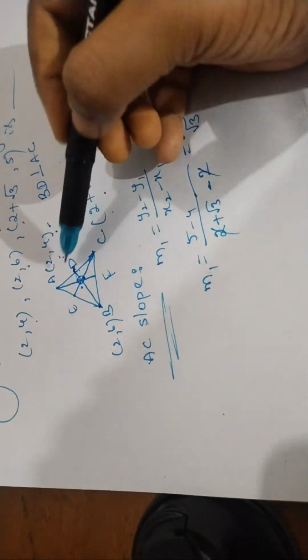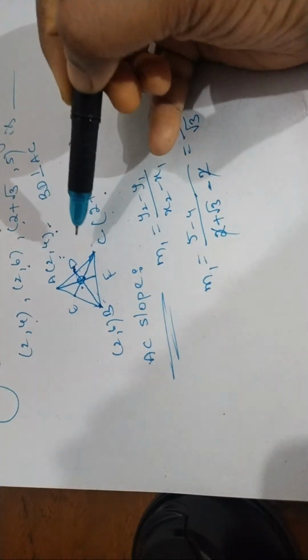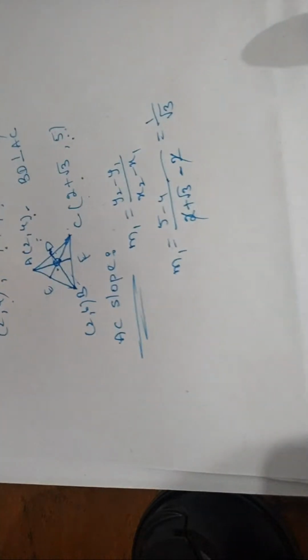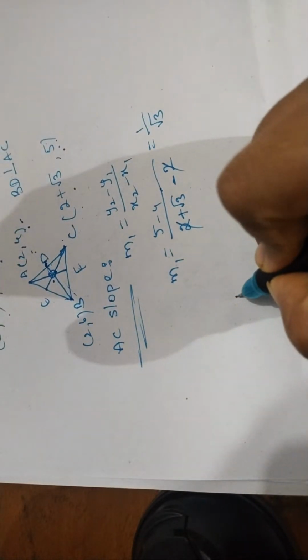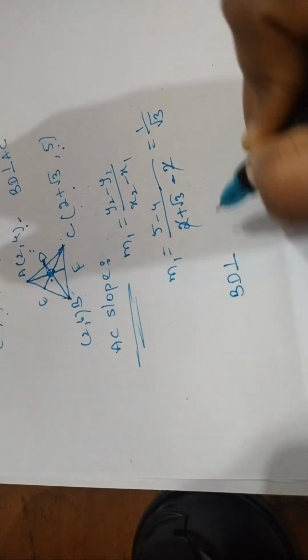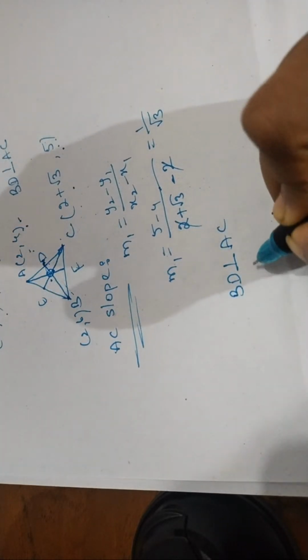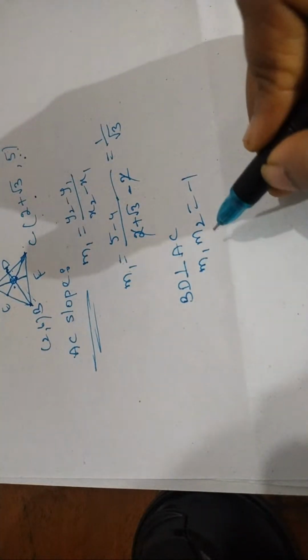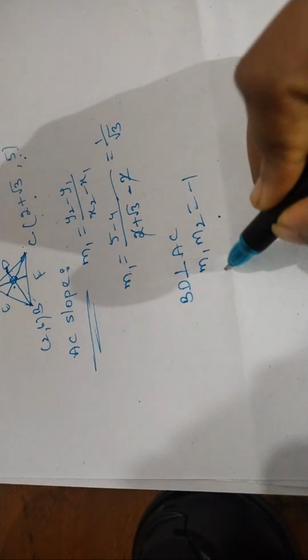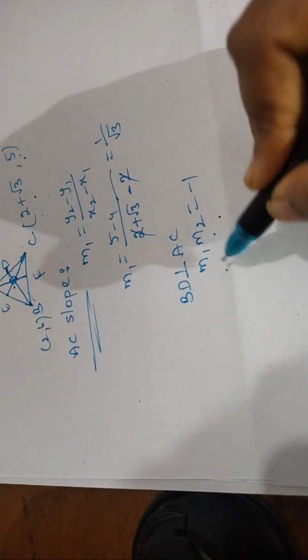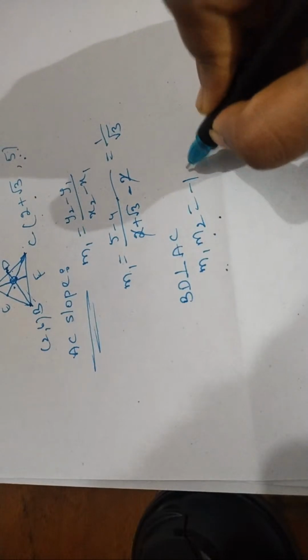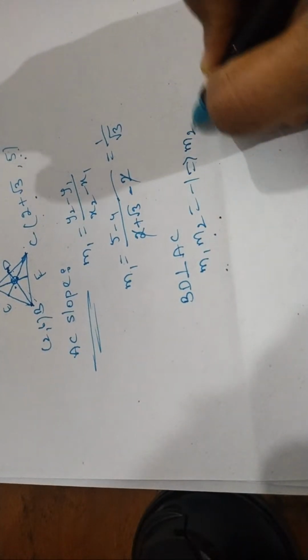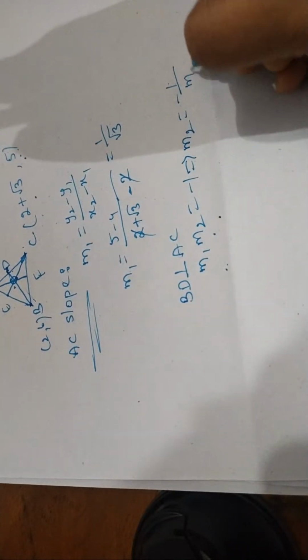And if we observe, BD is perpendicular to AC. At that time, the slope condition: BD perpendicular to AC, then m1 into m2 is equal to minus 1. Both slopes are perpendicular, so m1 m2 is equal to minus 1. m1 we know. So from this, what is m2? m2 is equal to minus 1 by m1.